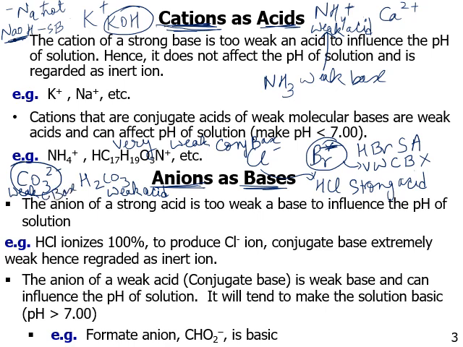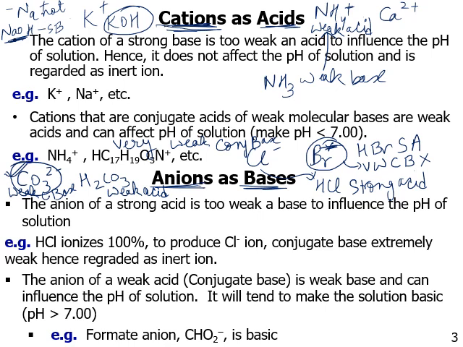So this is going to affect the pH. How? It will make the solution basic. That is how you figure out if your cation or anion is going to make a solution acidic or basic. So you will have to split your salt into cation and anion, figure out where each of these are coming from, and whether that makes them a conjugate acid or a conjugate base that can affect the pH, or it will not affect the pH.